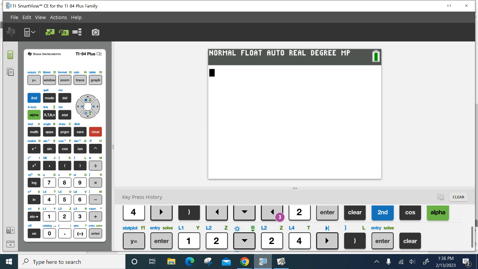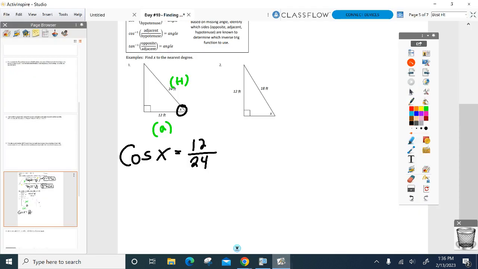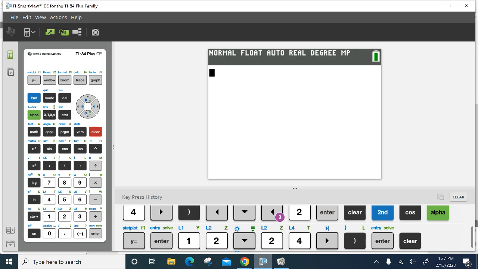That is how you find a degree measure. So instead of cross multiplying, we're going to find x by taking the inverse of cosine, written like that, cosine to the -1, and putting in the ratio you found, 12/24.